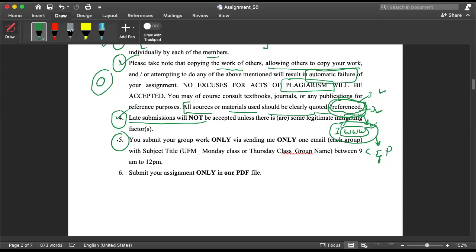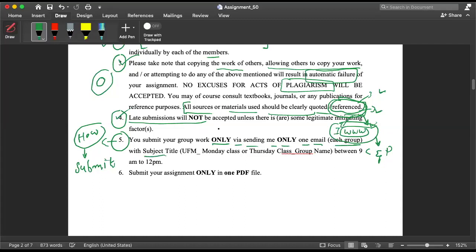Number 5 is about how to submit your assignment. How are you going to submit your assignment? You submit your group work by sending me only one email for each group, with this subject title.